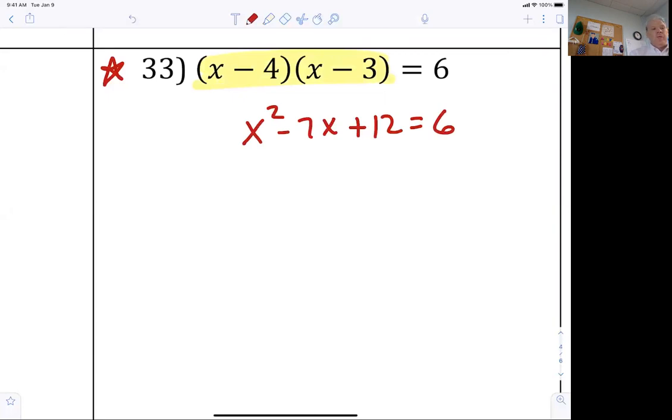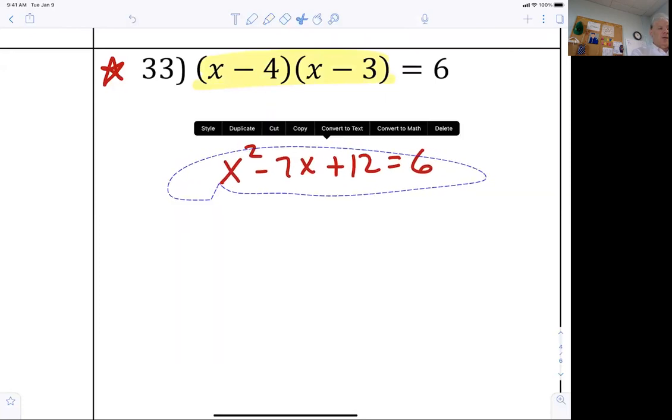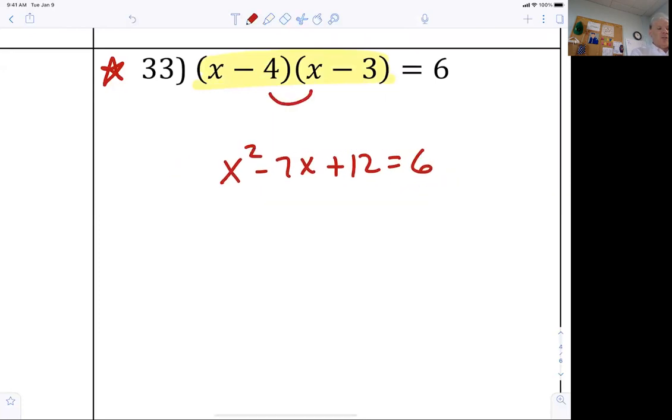If you don't know how to do that, you're a little bit behind. Remember, you're grouping here. How much is this? Negative 4, and this is what? That's how I got the negative 7. I want everybody to be able to multiply a quadratic in your head. Anybody have any issues with that?